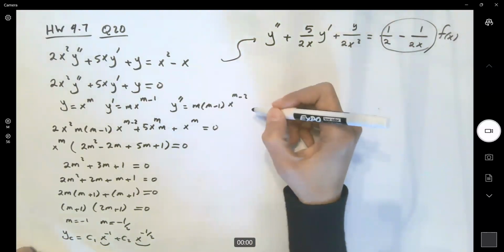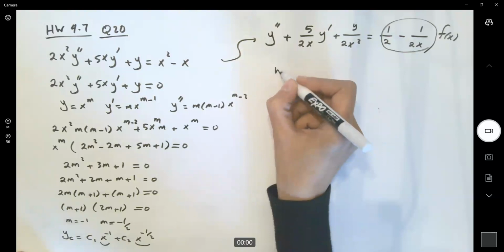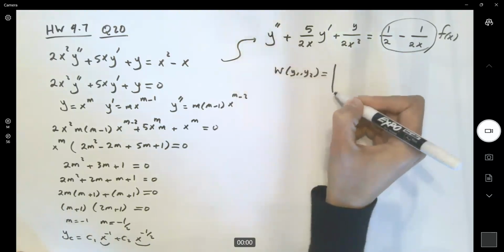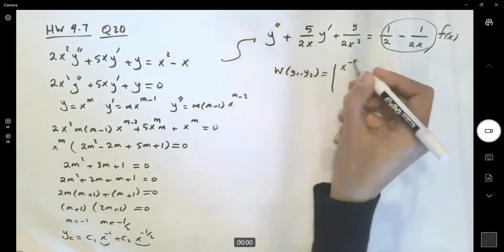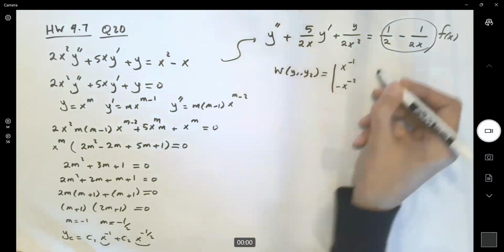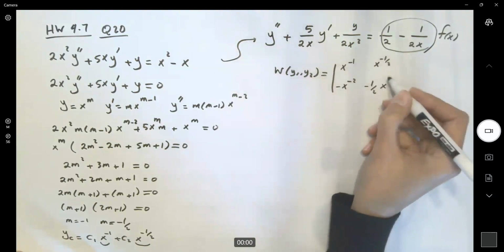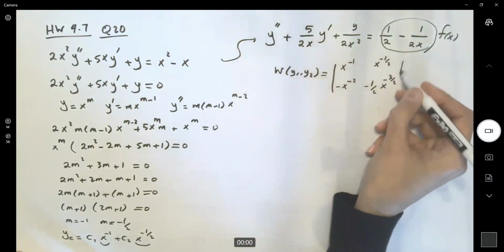So let us find the Wronskian of y1 and y2. The Wronskian of y1 and y2 is equal to, well, here you have x to the -1, negative x to the -2, and x to the -1/2, its derivative -1/2 x to the -3/2.